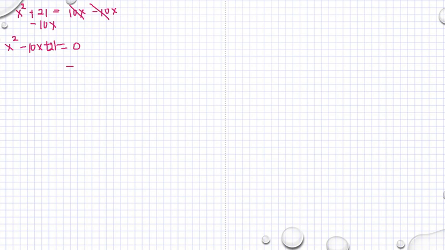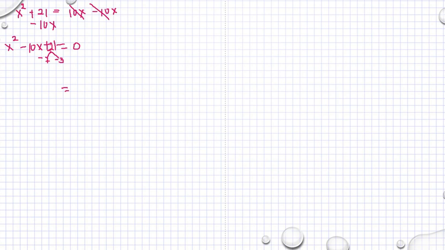You need to rearrange that. And then 21 can be, the middle term is negative, then we have negative 7 and negative 3, so that we will get positive 21.